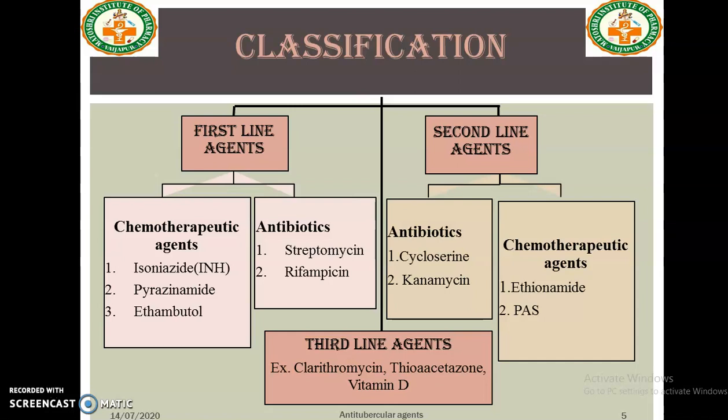The chemotherapeutic agent and antibiotics included in second line agents are ethionamide and para-aminosalicylic acid, that is PAS, and cycloserine and kanamycin respectively. Clarithromycin, thioacetazone and vitamin D are third line agents.